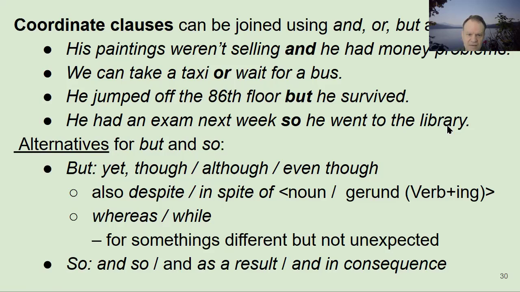Whereas, while for things which are different but not unexpected. So we can use and so, and as a result, and in consequence. I'm not teaching this though. This is just a review book, so you understand how to use this program.